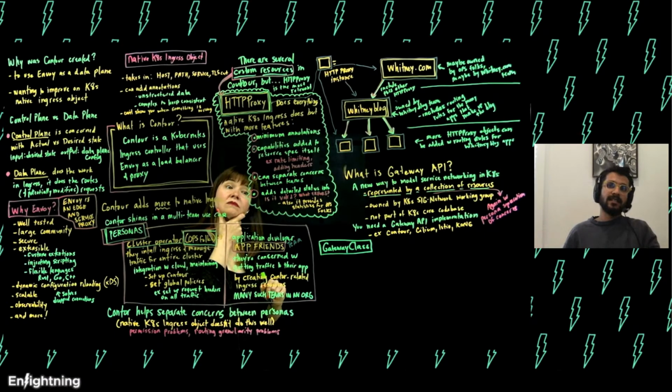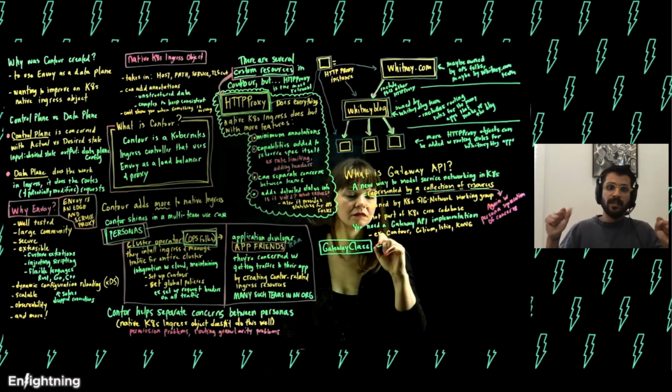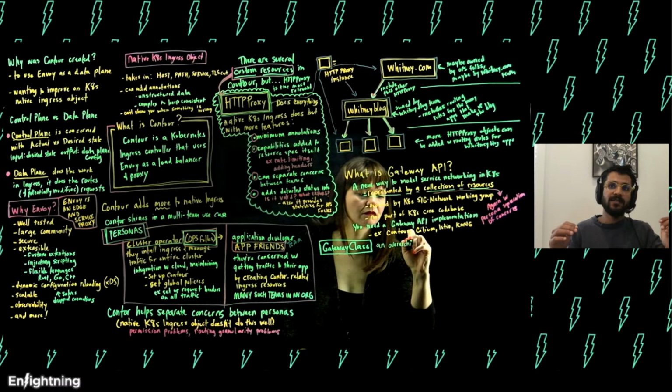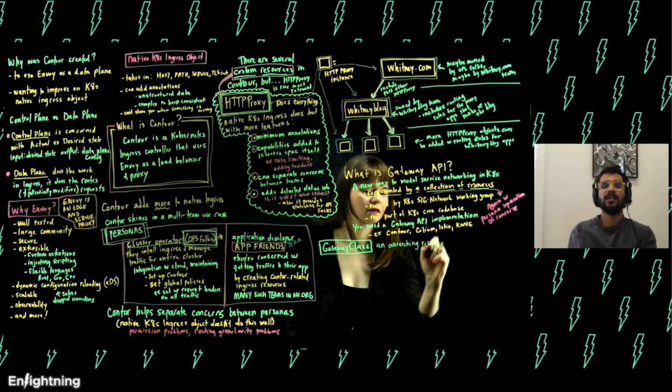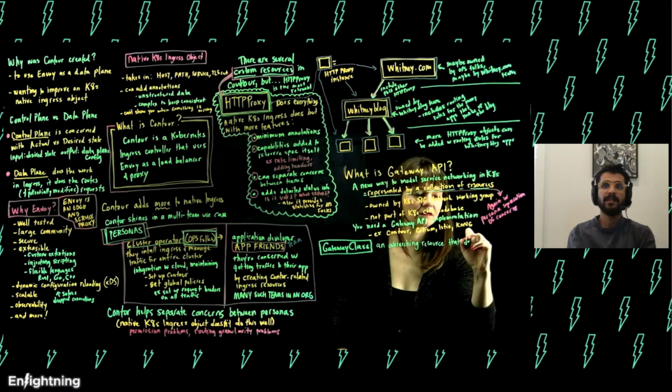Gateway class is a similar concept where you have an overarching resource that represents the type of gateway that is going to be implemented. Gateway is the next level down of resource, which we're going to talk about next.